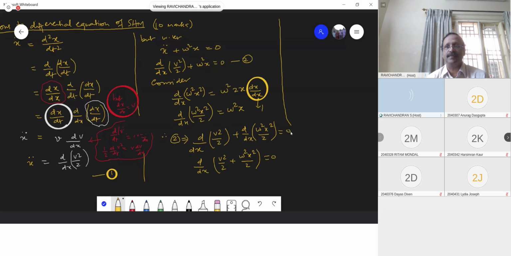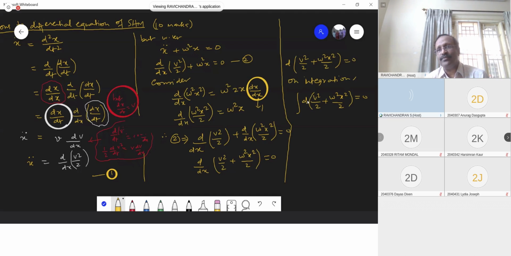So you get d of v square by 2 plus omega square x square by 2 is equal to 0, because dx you have brought to the other side. Now on integration of the differential equation.